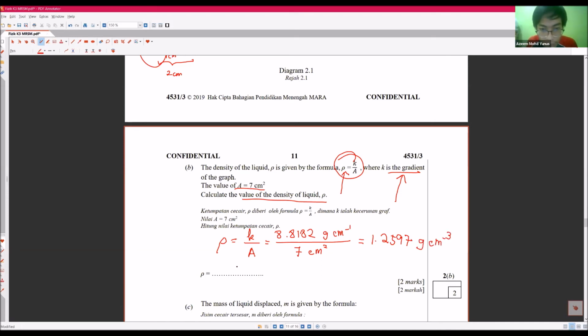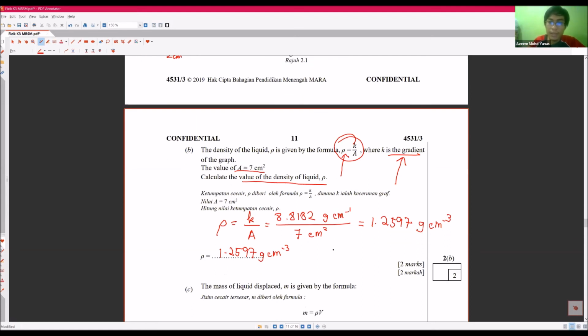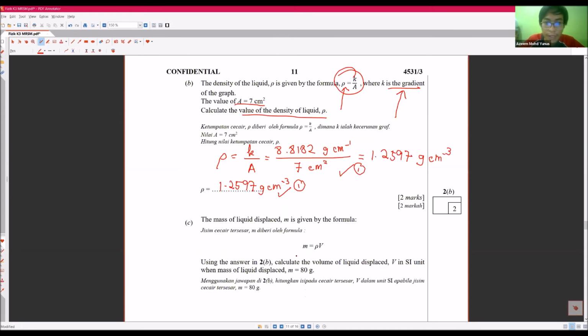So the answer, you must write it with the correct unit. Only 2 marks, basically. Plug in the values, 1 mark, and the final answer with the correct unit is another 1 mark.